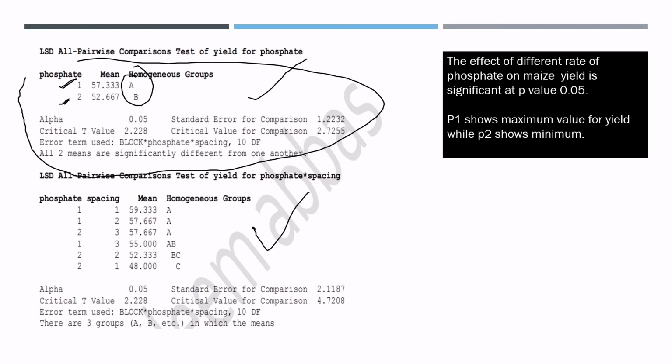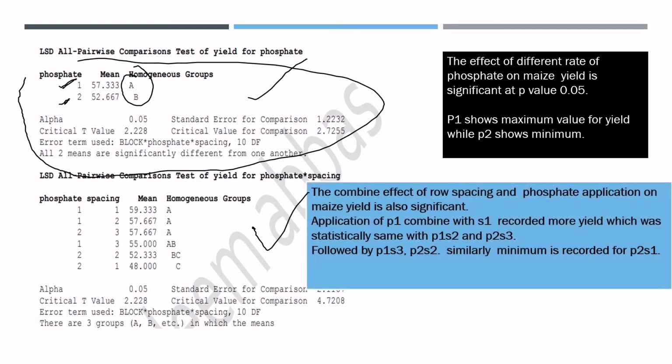While for the interaction of phosphate and row spacing, the effect is also significant because here we have different groups. You can see that we have different groups A, B and C, where the means are significantly different from one another.